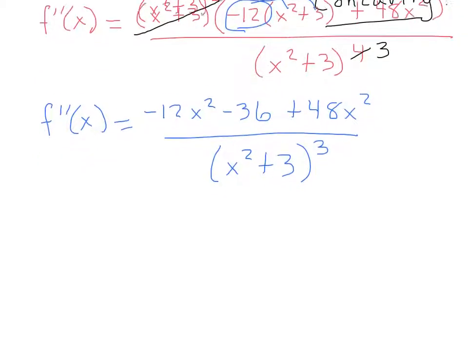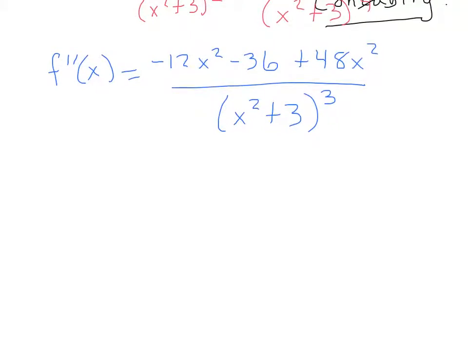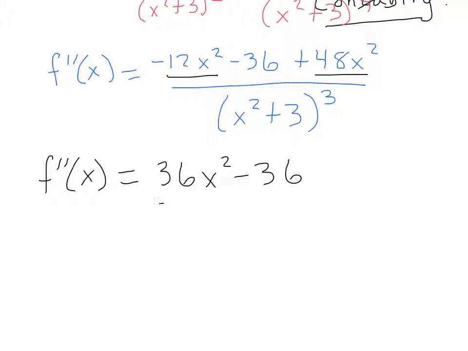So let's continue to simplify by combining like terms. So I have f double prime of x equals, now negative 12x squared and positive 48x squared is going to be 36x squared minus 36 all over (x squared plus 3) cubed. Okay, so that's my second derivative.